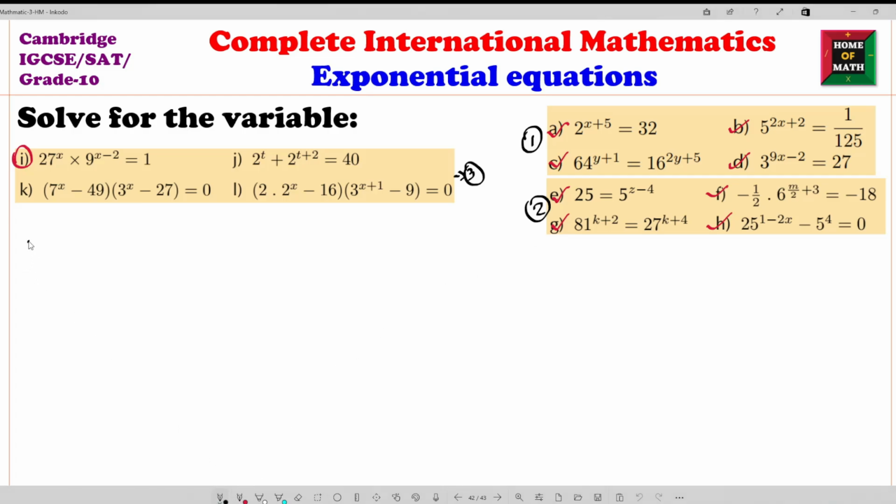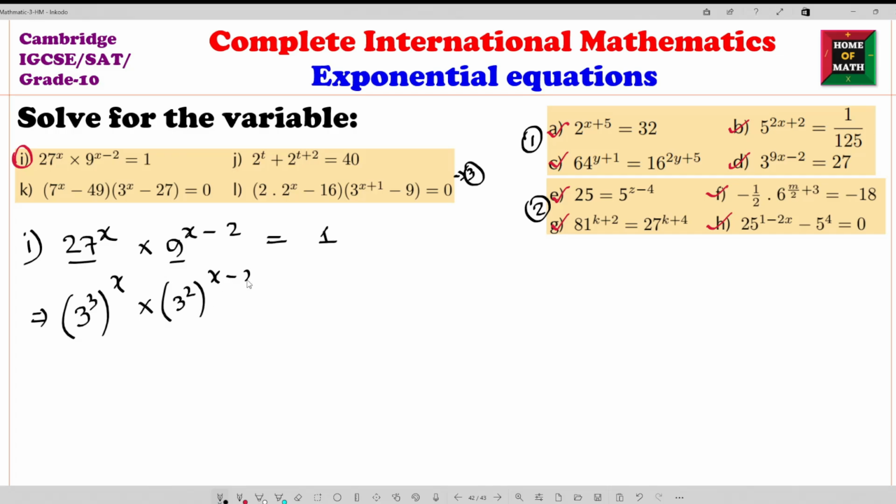Number I. Here is 27 to the power x times 9 to the power x minus 2 equals 1. So 27 and 9 have a relation. 27 we can write as 3 cube to the power x, times 9 we can write as 3 square to the power x minus 2.